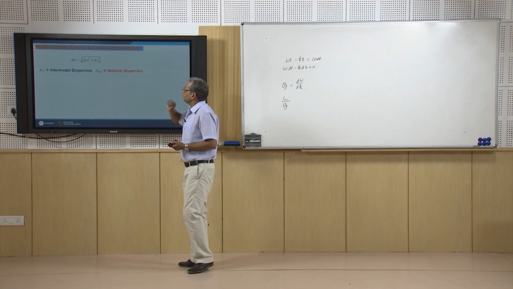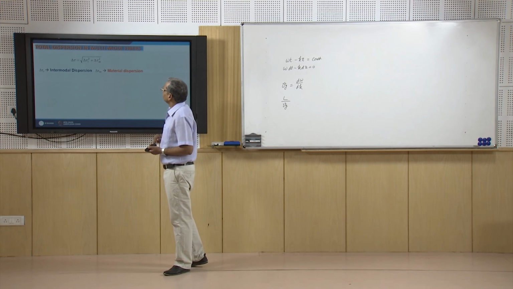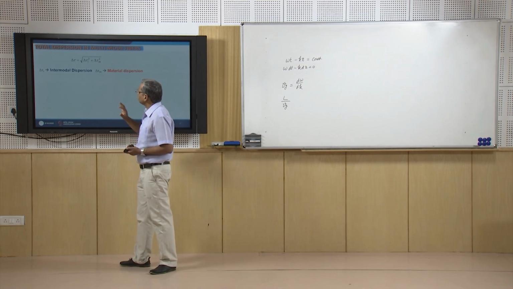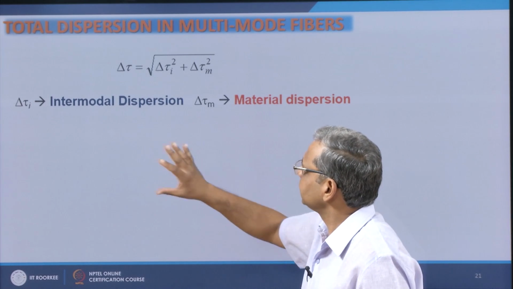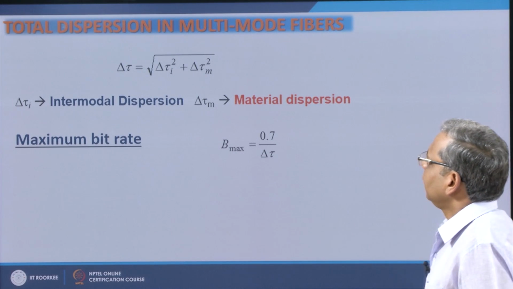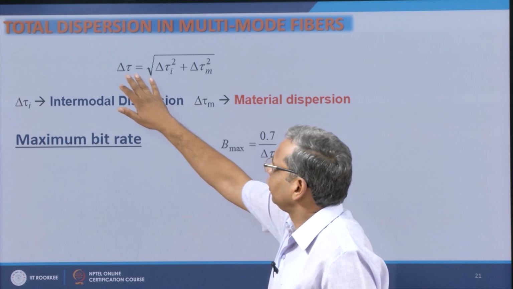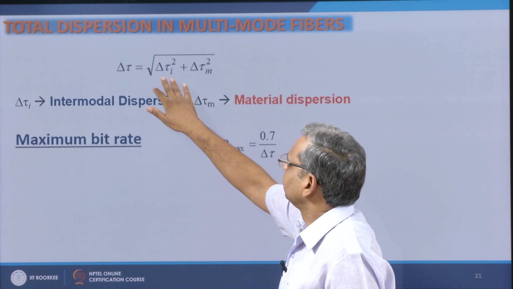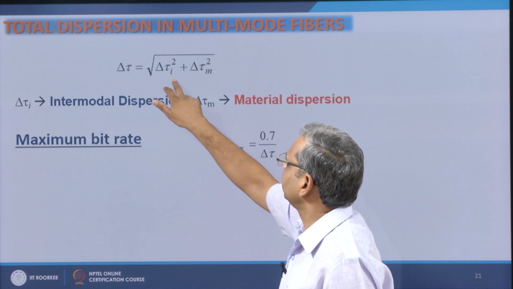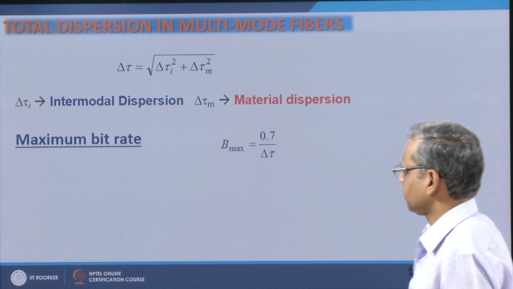Then there is total dispersion in multimode fiber. Total dispersion will comprise both the intermodal and material. So, I can then find out the total dispersion by using the information of intermodal as well as material dispersion.